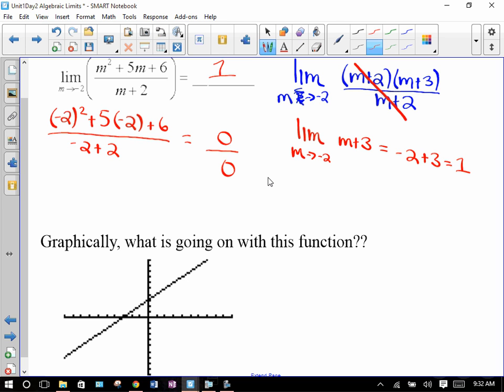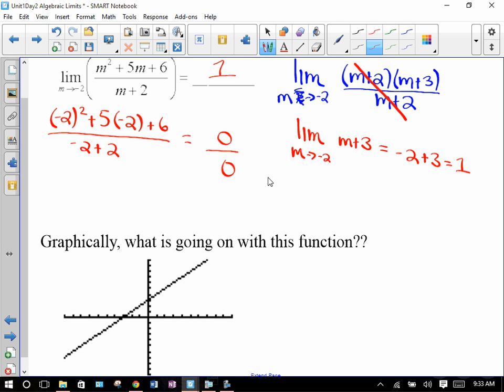What we have to know here is that this graph actually looks like the line n plus 3, or in this case on this graph x plus 3. So the limit of n squared plus 5n plus 6 divided by n plus 2 at -2 is the same as the limit of n plus 3, because n plus 2 is going to cancel out when factored.